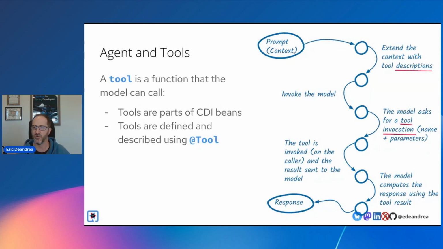Your application or your code defines these different tools or functions, and it describes those functions in natural language. When you send these requests back and forth to the language model, you're telling it which tools are available, described by natural language, and then the language model can kind of on its own decide when it wants to call some of these tools.